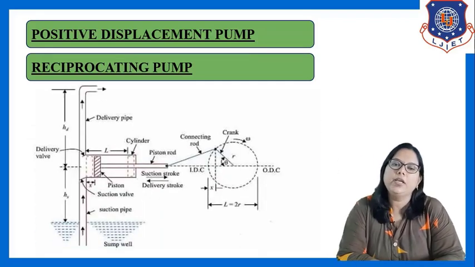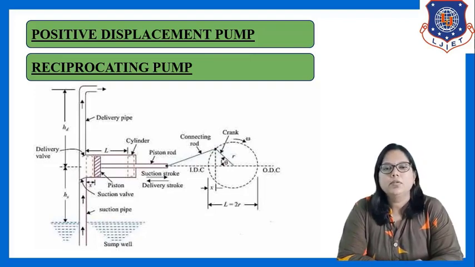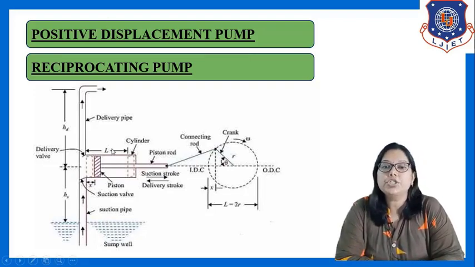See this figure of reciprocating pump. First we will see the construction of reciprocating pump. In reciprocating pump, basically this is the cylinder. In that cylinder there is a piston. This lining portion is a piston which is connected to a piston rod.